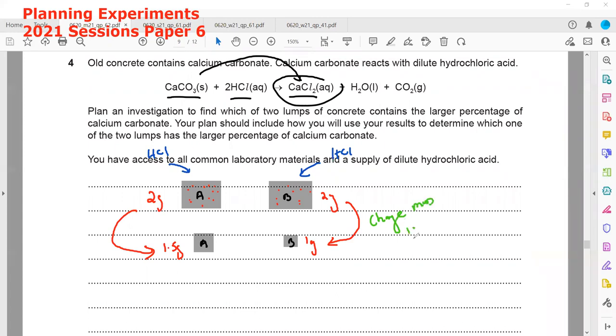The change in mass for B is 1 gram, and for A it is 0.5 gram. So B contains a greater amount of calcium carbonate.